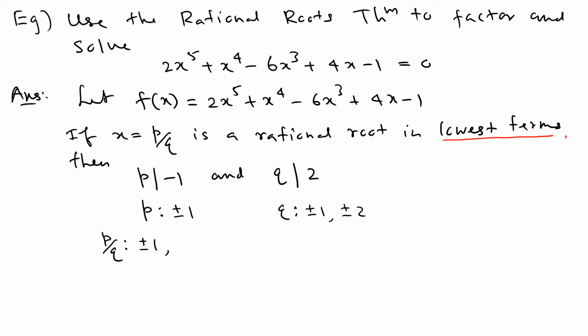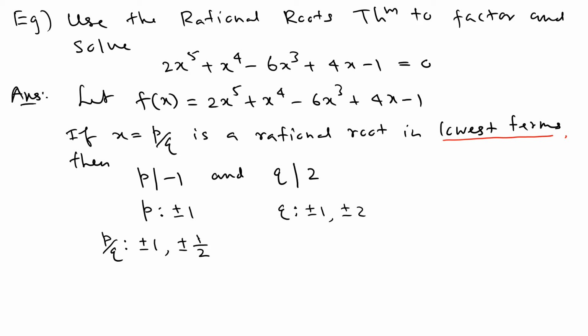Now think of p as plus or minus 1 and q as plus or minus 2, but it is in the denominator, so the only options are plus or minus 1/2. So these are the only possible rational roots. If there is a rational root, it has to be one of them. So there are only 4 options.